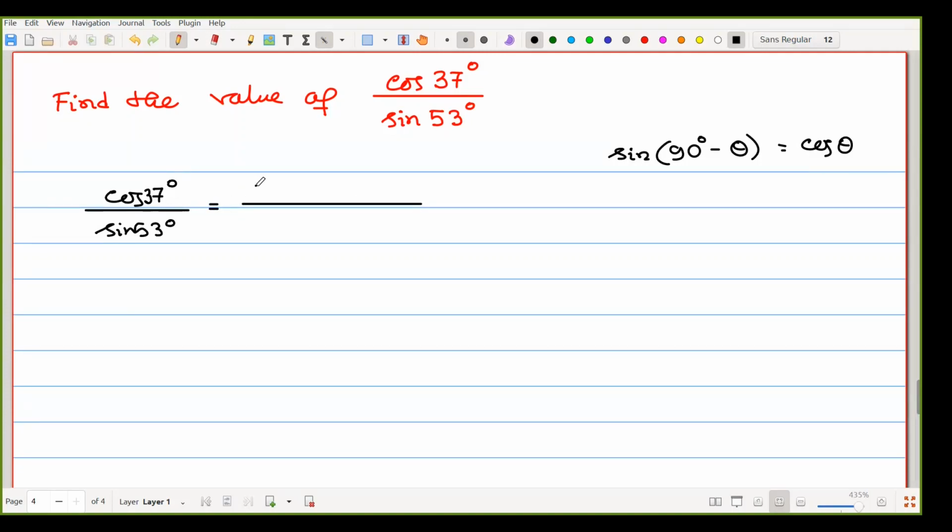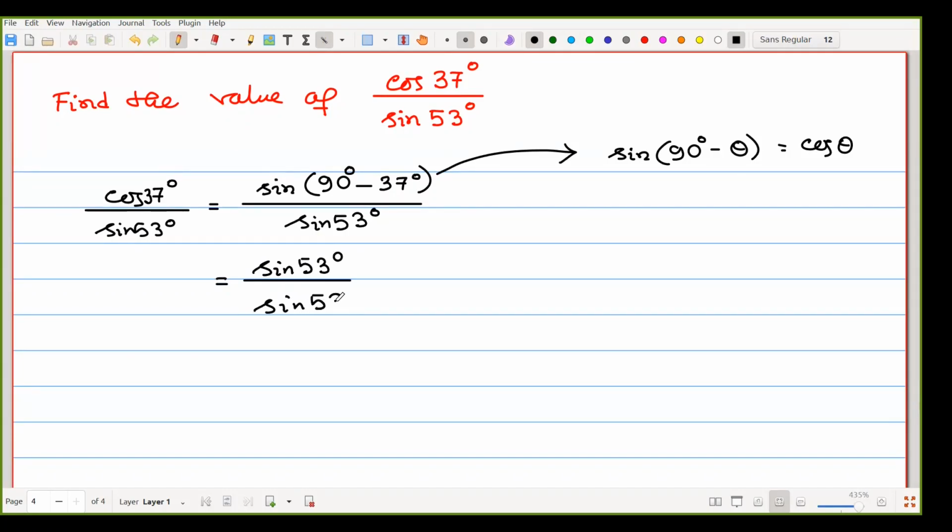That cos 37 degree, we can write sine of 90 degree minus 37 degree, divided by sine 53 degree, and that one is becoming sine 53 degree divided by sine 53 degree, or the value is 1.